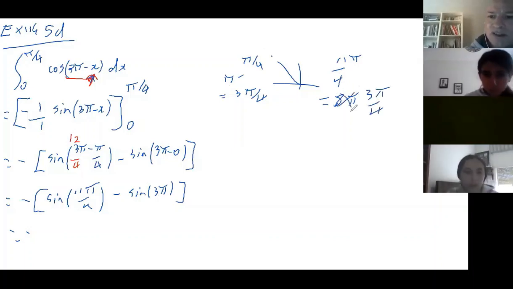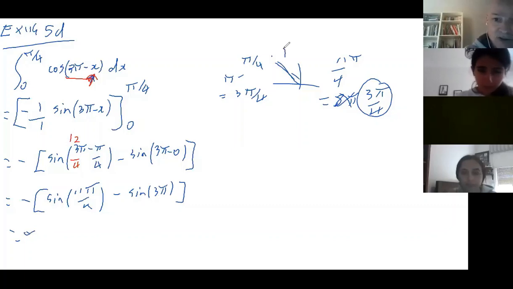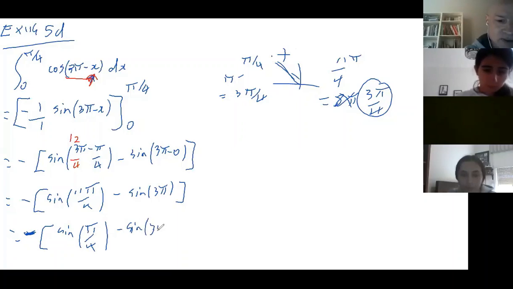This part we don't worry about, it's just going around the circle. And sine in that quadrant is positive. So this is going to be sine of pi over 4 minus sine of 3 pi. This becomes sine of pi on 4.